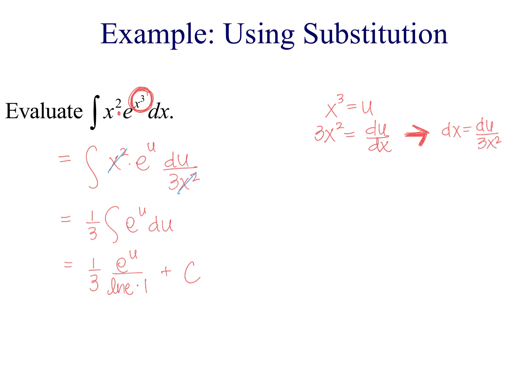So 1/3 in front of e to the u, which simplifies to be 1/3 of e to the, and at the end you change the u back to what you had chosen u to represent, and u was x cubed in the first place, and then plus c.